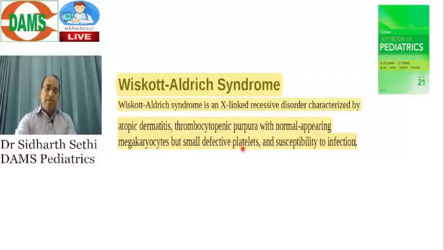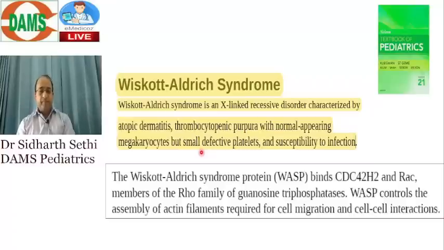These children have immunodeficiency as well. It's a mutation in the gene called WASP, the Wiskott-Aldrich syndrome protein gene, which controls the actin filaments in the body for cell migration. That's not important, but remember the WASP gene.